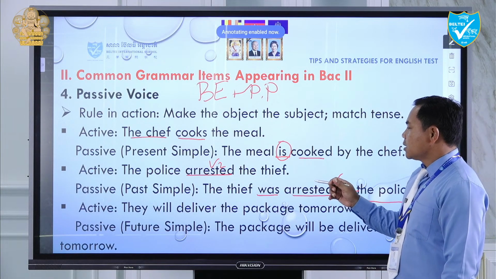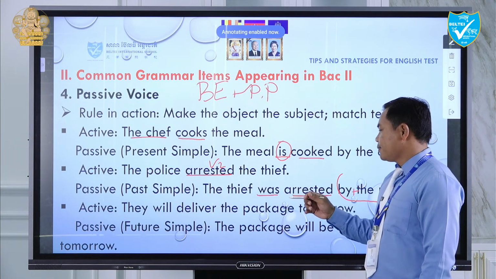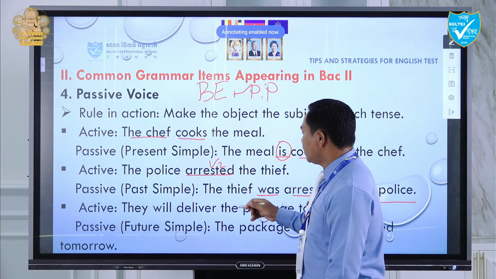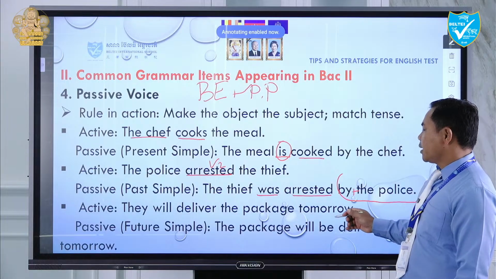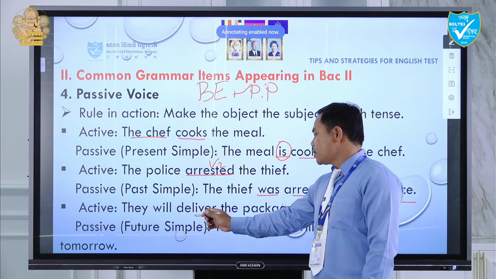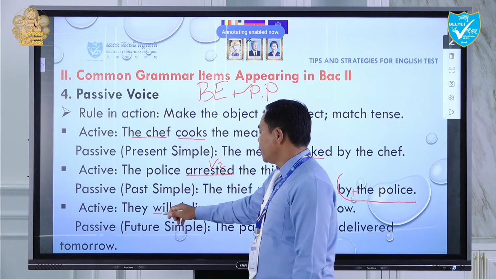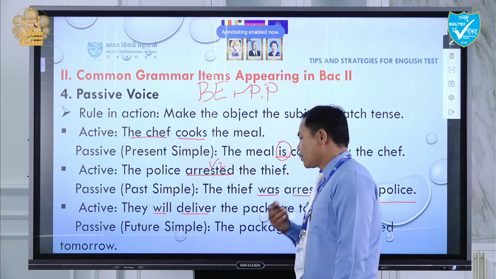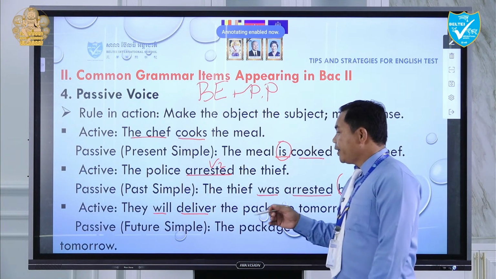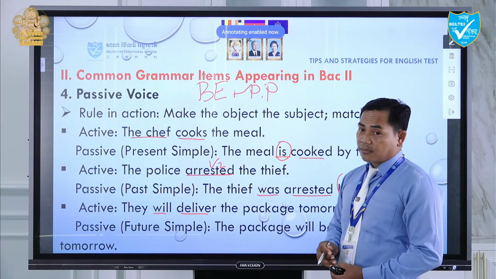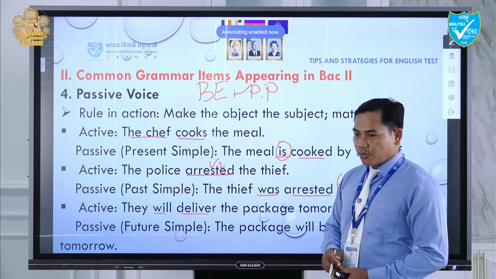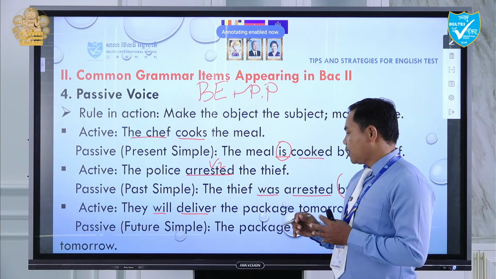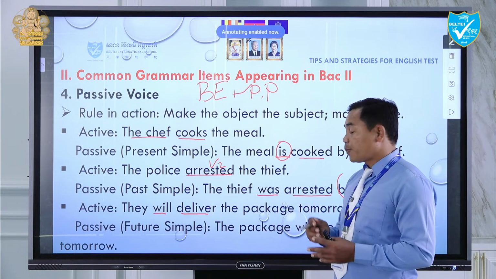And future simple: they will deliver the package tomorrow. This is a simple future, will plus base form. If the active is in simple future, the passive is also in simple future, but we just change the form from active to passive.